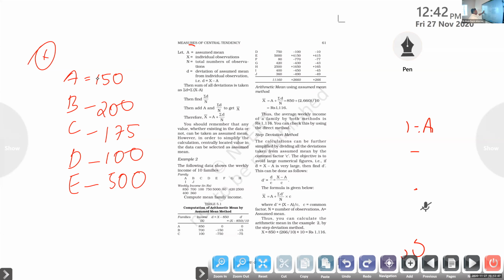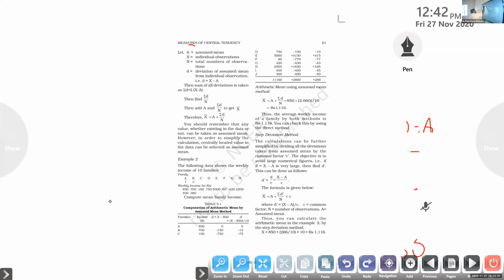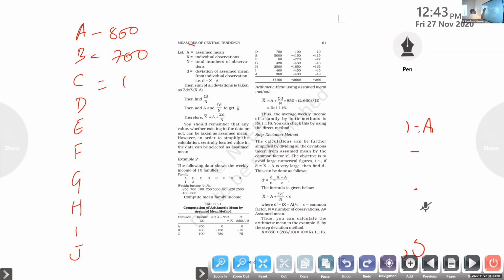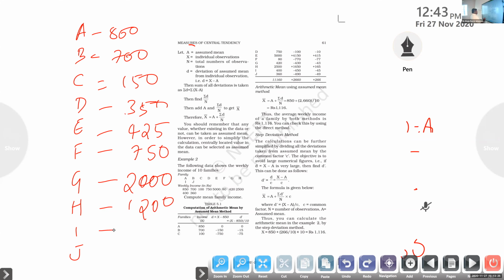Okay, second question. Here A, B, C, D, E, F, G, H, I, J, again 10 families.